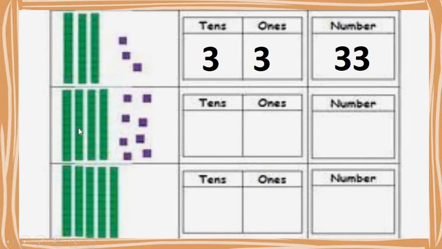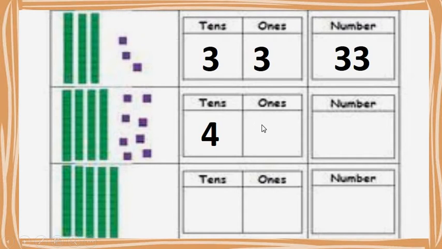Here we have 1, 2, 3 and 4 tens. Look, how many tens are there? 4. So we should write the number 4 on the place of tens. Now let's count how many ones are there. 1, 2, 3, 4, 5, 6, 7 and 8 ones are there.